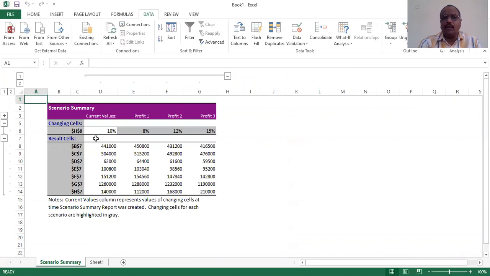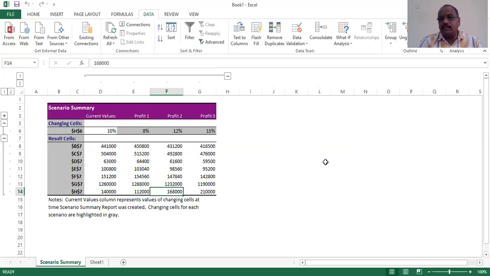See, now you can find here that this is the current value when we are having 10%. The next one is the profit when we are having 8%, and how the values will change. So you can find the change here. Previously we had a 140,000 profit. When it is 8%, it is quite natural that it is reducing.